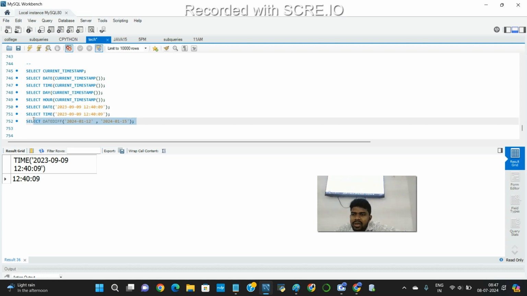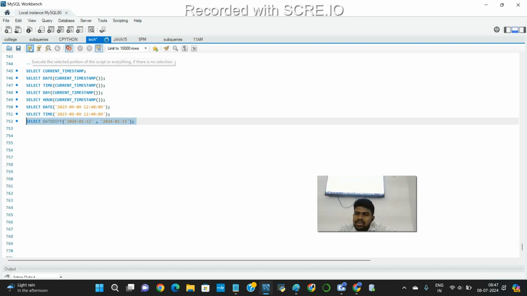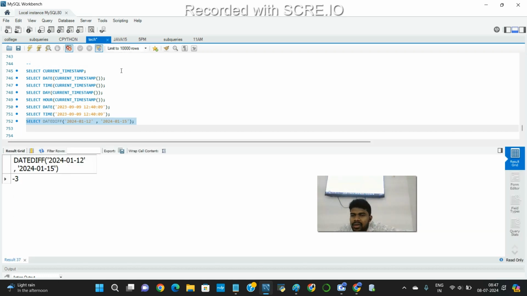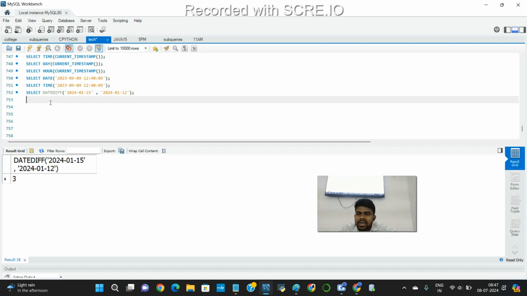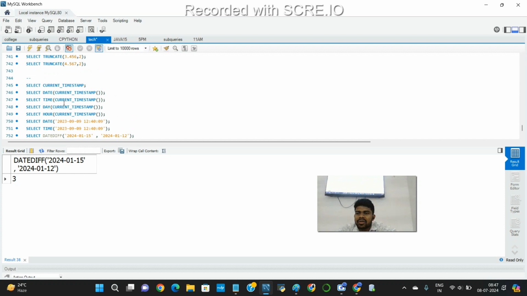I want to find the number of days between these. Exactly, the difference is three. It is better to give the biggest date and then the smallest date, so it will be a correct answer. The date difference is 3 days. The difference between 15 and 12 is 3 days. So this is the date difference function.